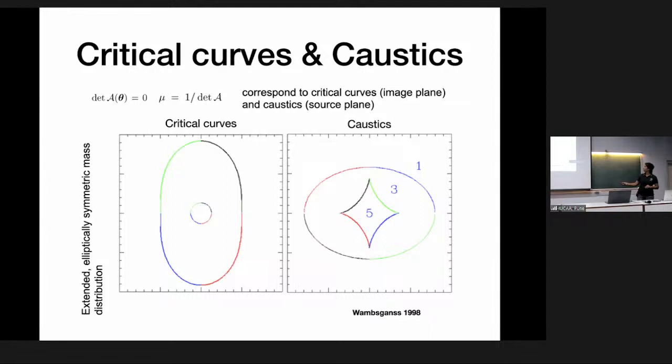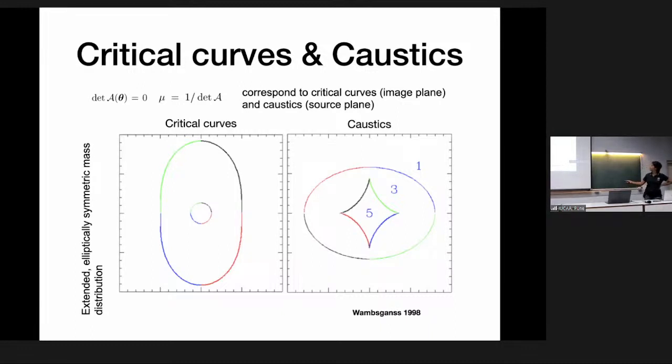These contours correspond to those points in the magnification map where the determinant goes to zero. The magnification, which is the inverse of the determinant, goes to infinity. So any images which are formed very close to these critical curves have very high magnification.